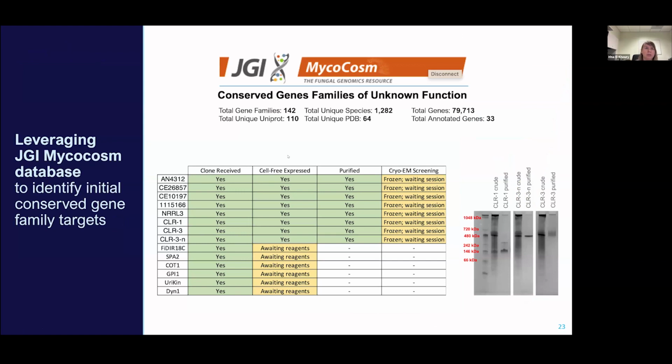Also, as James mentioned, we launched this JGI pilot project leveraging the microcosm database. This is a fantastic resource created by the team at JGI. As I want to remind you, they generated 142 gene families of unknown function. We decided to focus on 14 initial targets. In the last week, we were actually able to confirm the expression of all of them.